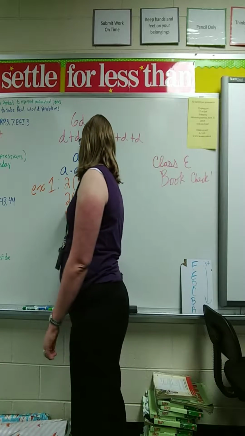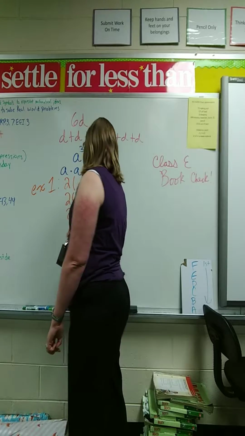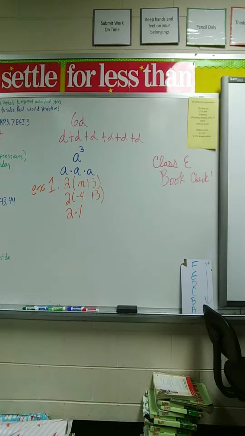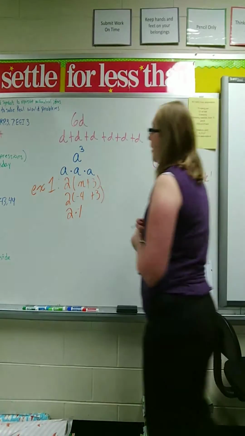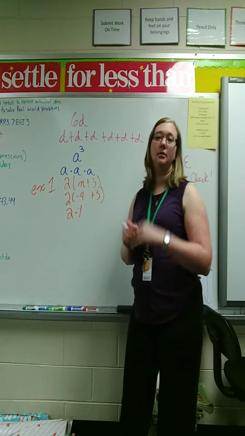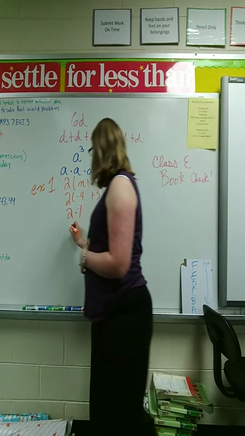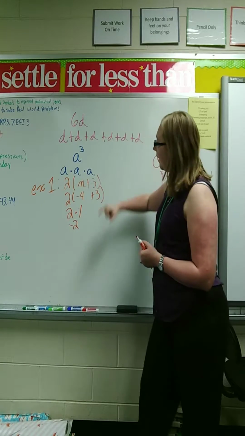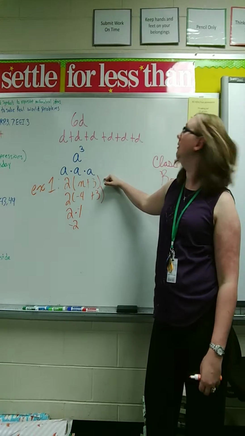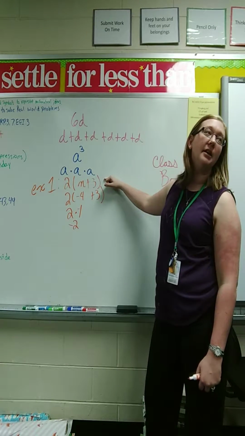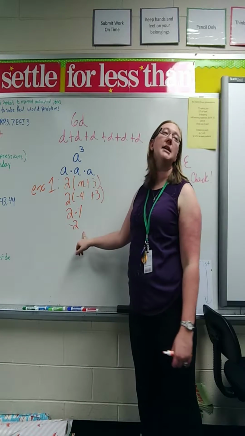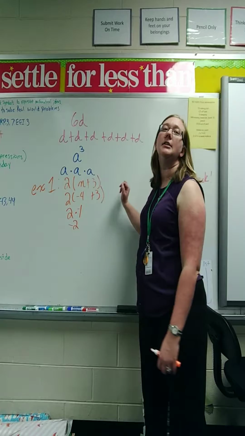Then 2 times negative 1, because if I have a coefficient or a number outside a set of parentheses, that means to multiply. What is 2 times negative 1? Negative 2. Fantastic. So this quantity, 2 times the quantity n plus 3, when n equals negative 4, is the same as saying negative 2. But we're writing it in different ways.